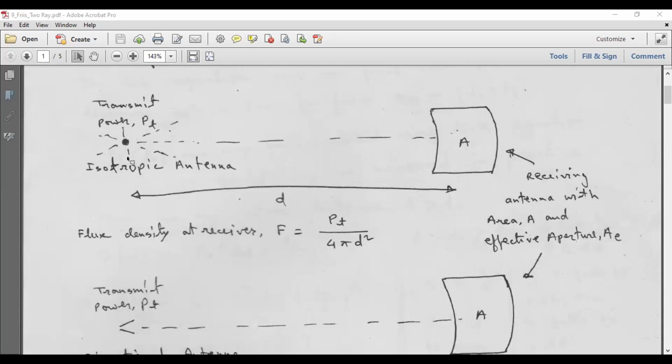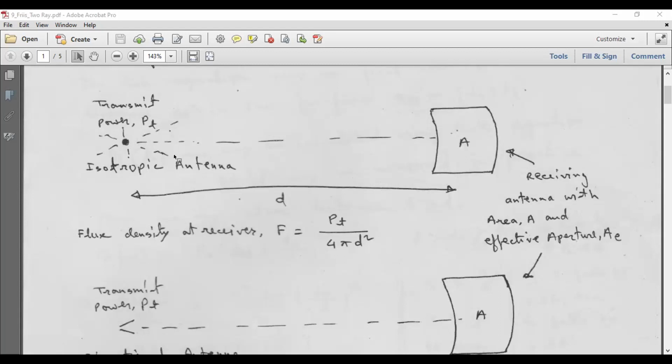And that we know that the energy will be equally distributed in all different directions. So if you consider a sphere, then we can find the energy concentration here. The total surface area of the sphere is 4 pi d squared.